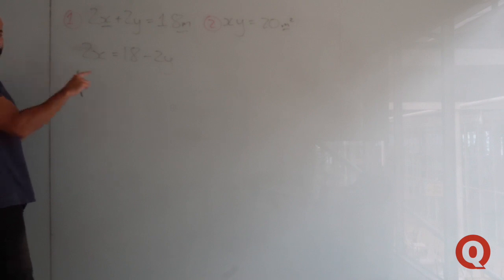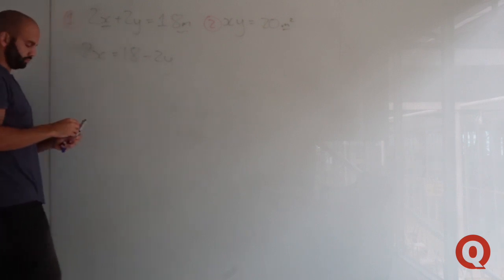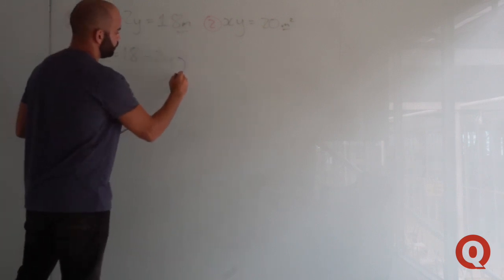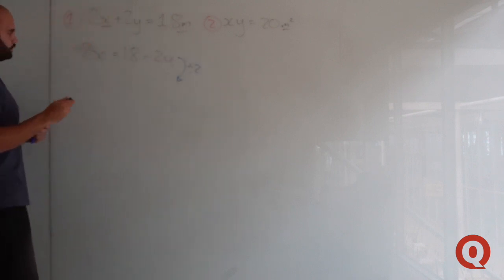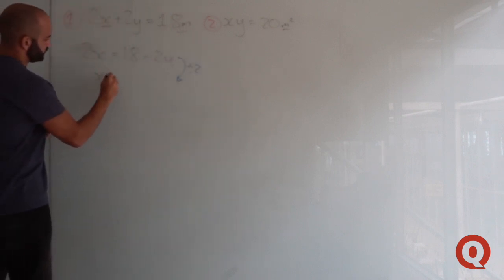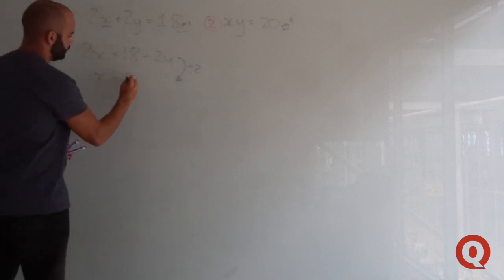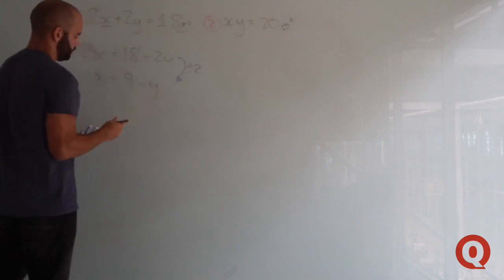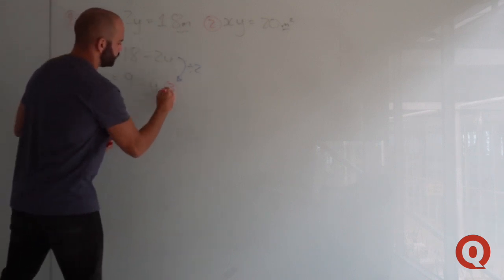But on inspection of this equation, the highest common factor here is 2. So we could divide by 2 if we wanted to. Let's do that because it'll probably make our working out easier later on. So you could have x equals 18 divided by 2 gives you 9 minus y. So this technically gives us a form of equation 3.